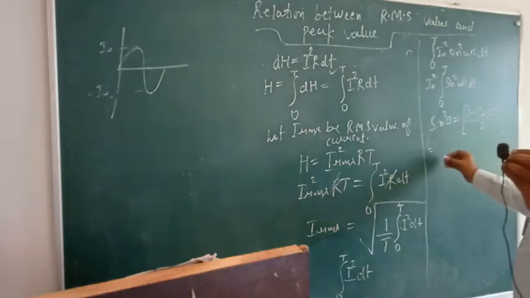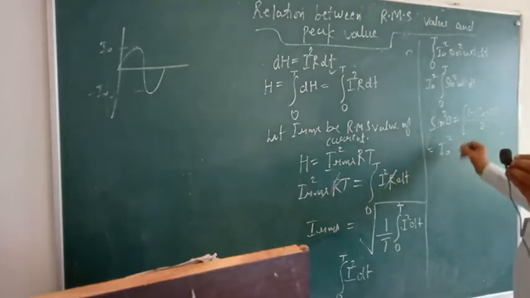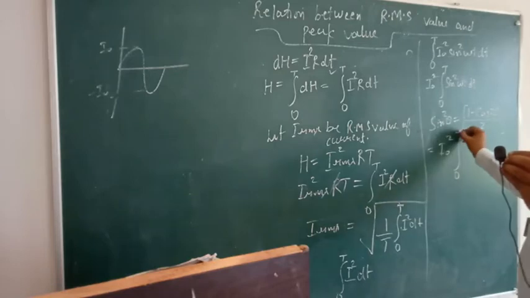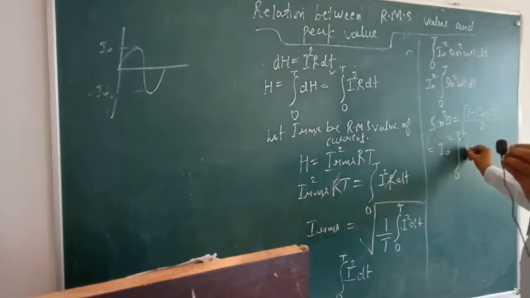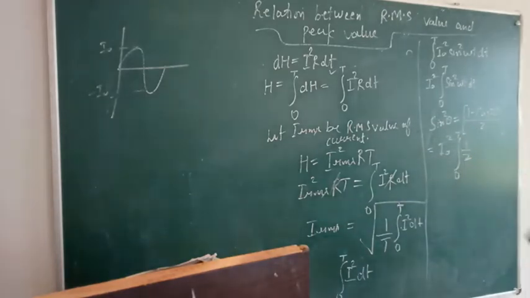So this will turn out to be integration I naught square, now integration 0 to T 1 upon 2, okay, minus cos 2 omega t upon 2. I have written separately for both, and this is dt. Now what should we do? We should write it separately for integration.